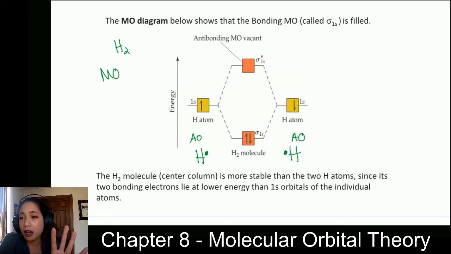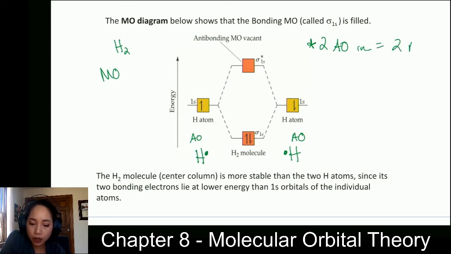Like I said, when you bring together two atomic orbitals, we have to get two molecular orbitals out. So two atomic orbitals in equals two molecular orbitals out. That's what you see here in this middle column. These are all the MOs, what's in orange. You see our bonding orbital that's stabilized at the bottom.